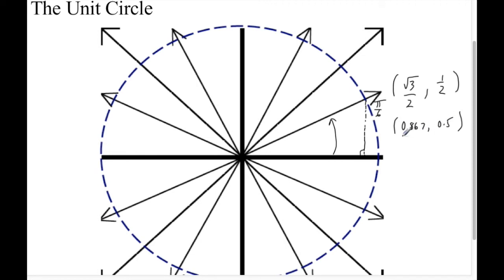So I use this idea that 0.867 is bigger than 0.5. This length in the triangle is bigger than this length, and so therefore root 3 over 2 is bigger than a half. So all the long lengths when we create these triangles are the root 3 over 2's. All the short lengths are the halves.